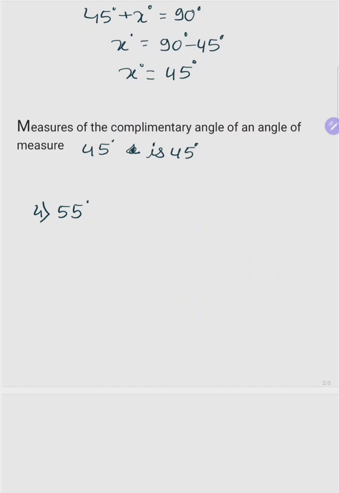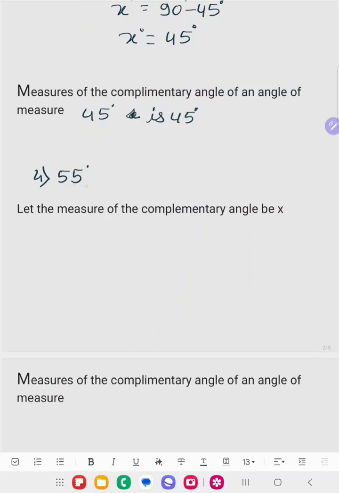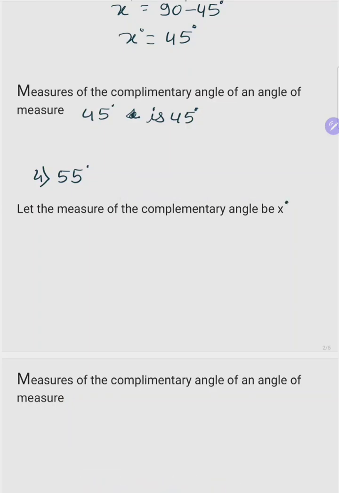Let the measure of the complement angle be x degree. Here 55 degree plus x degree is equal to 90 degree, complementary angle. So x degree equals 90 degree minus 55 degree.